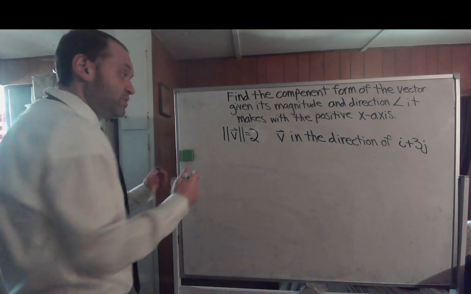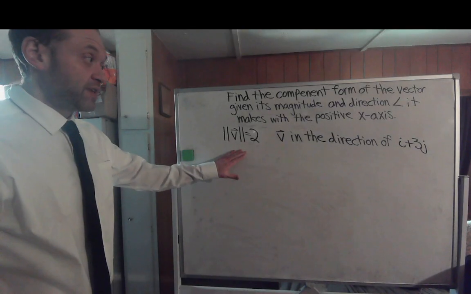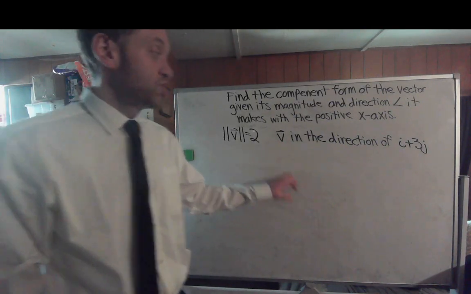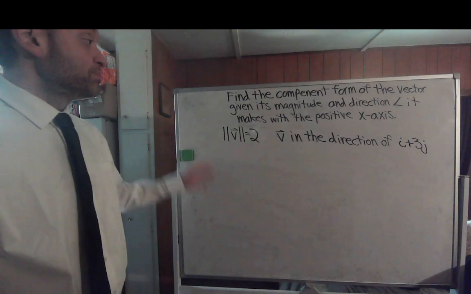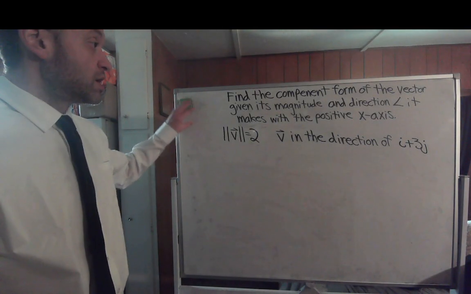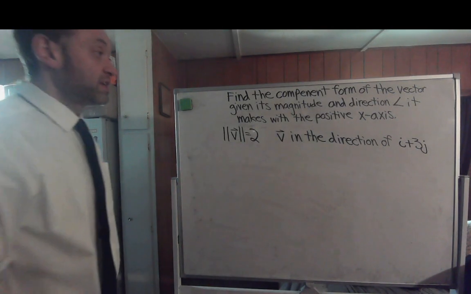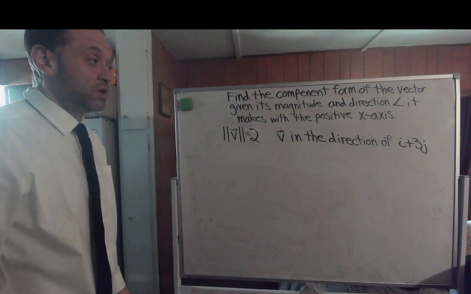So they didn't give you the direct angle this time. This time they gave you the magnitude of the vector, and then they said that vector v is in the direction of i plus 3j. Well, we're definitely going to need to find its angle.